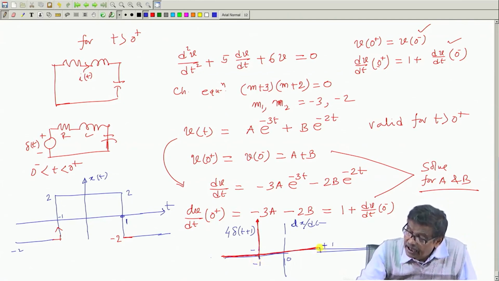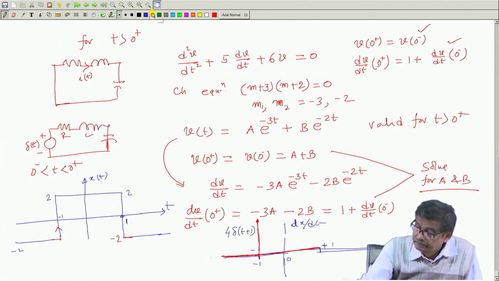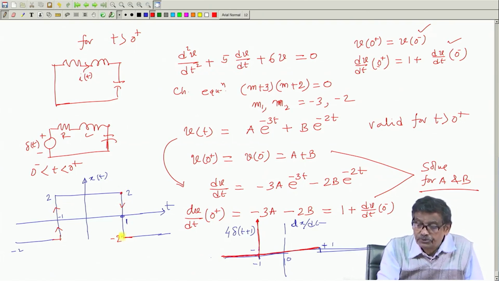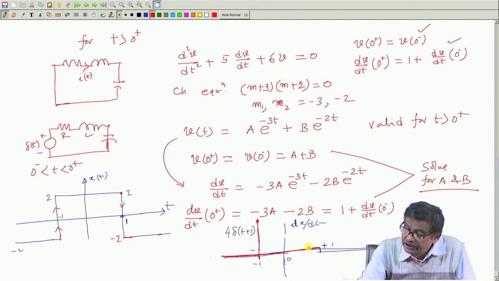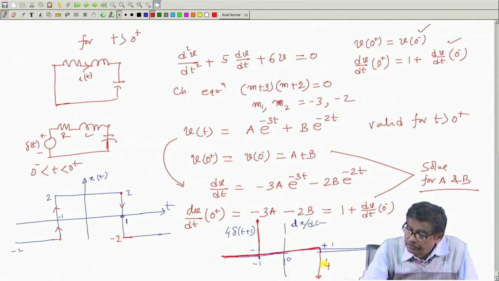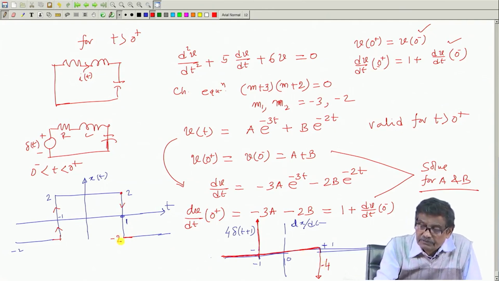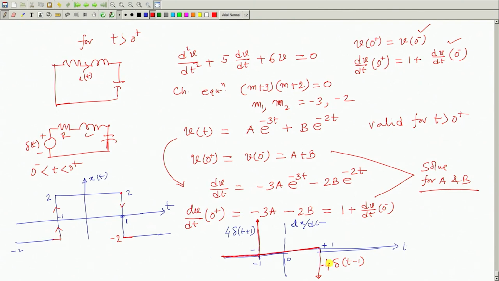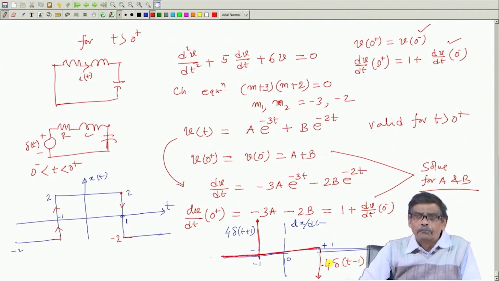Similarly, here there will be another impulse, but this time the signal comes down from +2 to -2 in no time. So, its derivative must give you another impulse here, whose strength is -4, with delta of t minus 1. So, you will get shifted delta functions. Anyway, keep this in your mind.